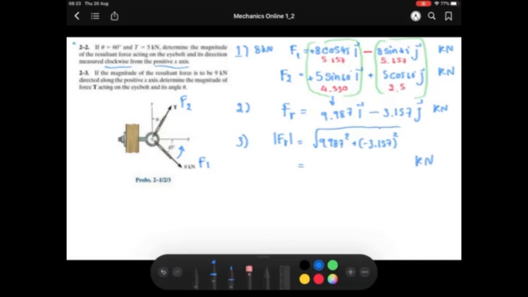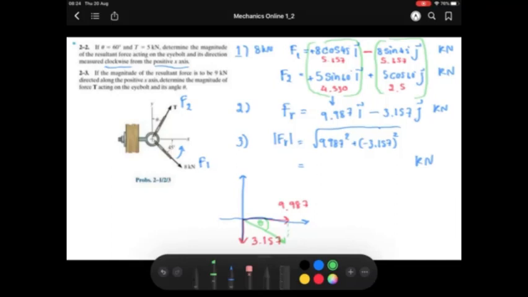And for the angle, if you don't get it very well, you should draw the axes first, and then write down that the first term is 9.987 here and the other one is 3.157 in the negative direction of y. They ask you for the angle clockwise from the positive x-axis.